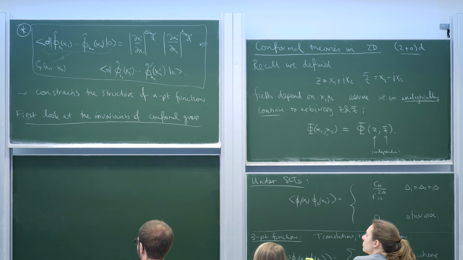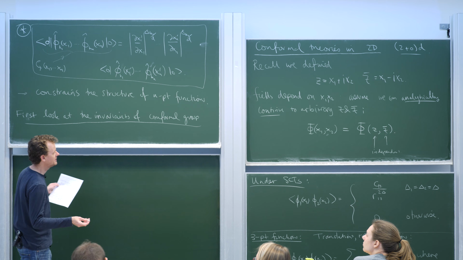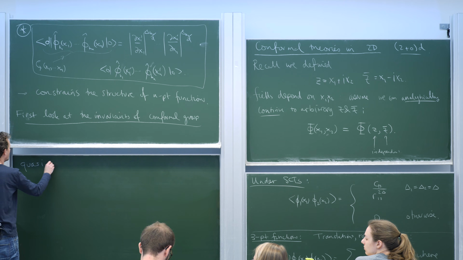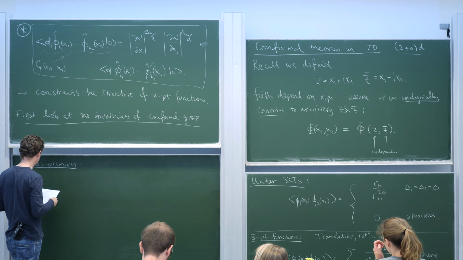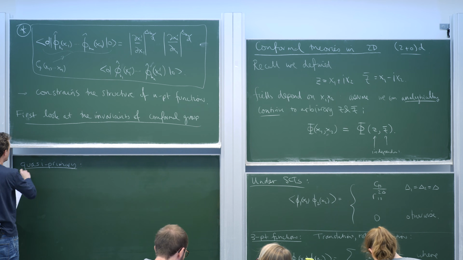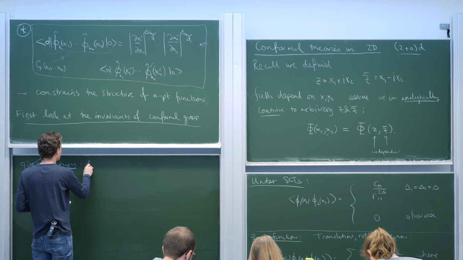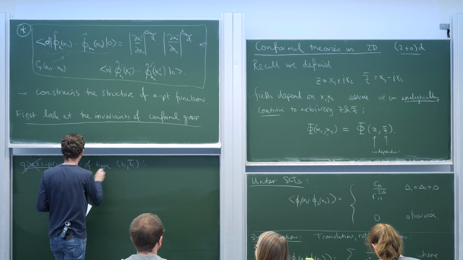So we're going to extend what we mean by quasi-primary as a consequence. And I'm going to throw out the word quasi and call it primary of type h, h bar.